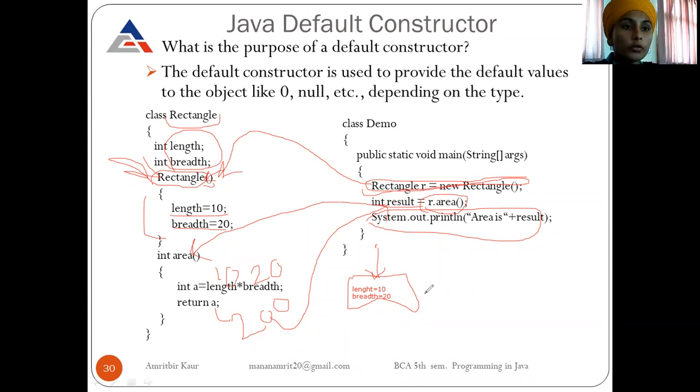If we want values as per our requirement, there is a second type, parameterized constructors. The purpose of a default constructor is to provide a default value, so every object will have the default values 10 and 20.